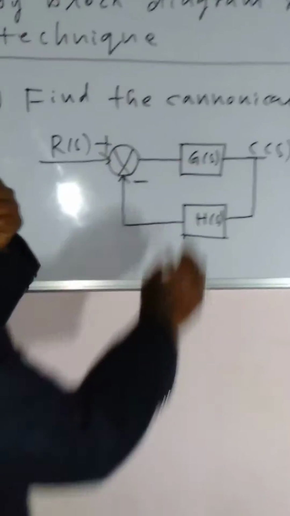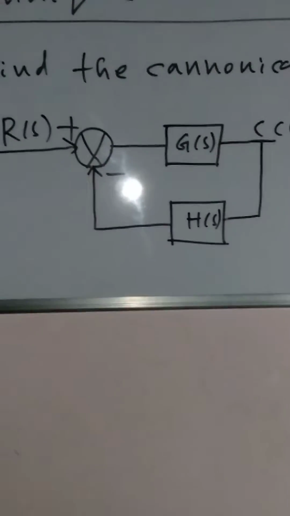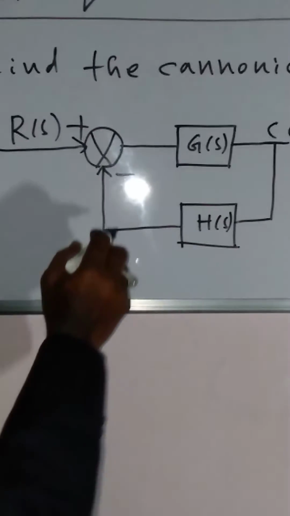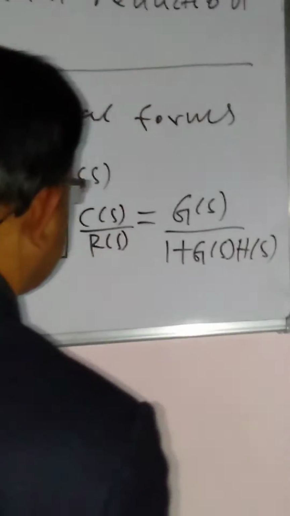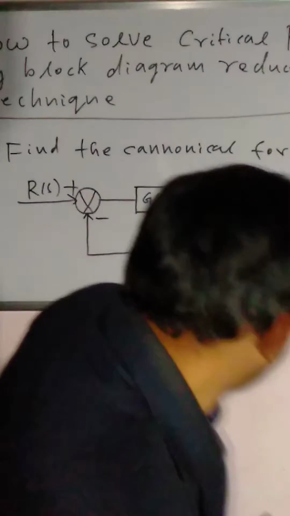This will be negative feedback, and this is the forward path transfer function and one feedback path transfer function. If the canonical form is present in the block diagram, first you have to solve this canonical form. The transfer function of this, that is C of S by R of S, is equal to G of S by 1 plus G of S into H of S. So this is the first step. You have to solve the canonical forms.